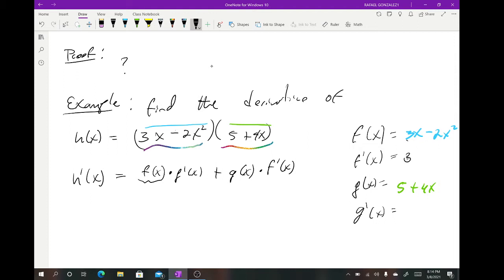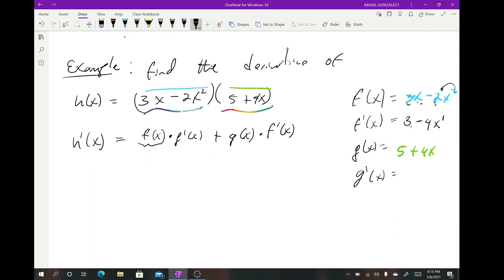Now the derivative f prime of x, by the power rule, is going to be 3, since the derivative of 3x is just 3, minus, remember, bring that 2 down and multiply by the 2 in front, so 2 times 2 is 4, x, and then 2 minus 1 is 1, so it's 3 minus 4x to the first. Once again, this is by the power rule.